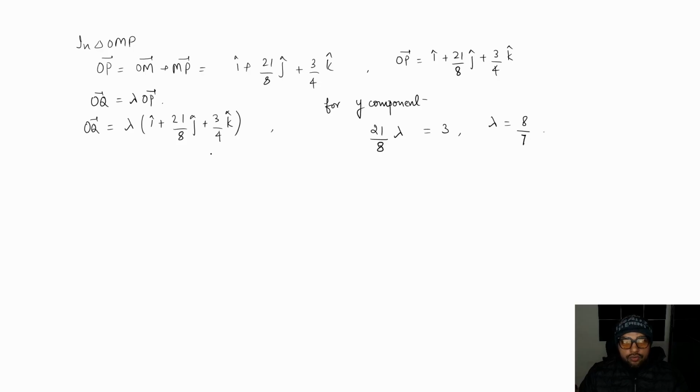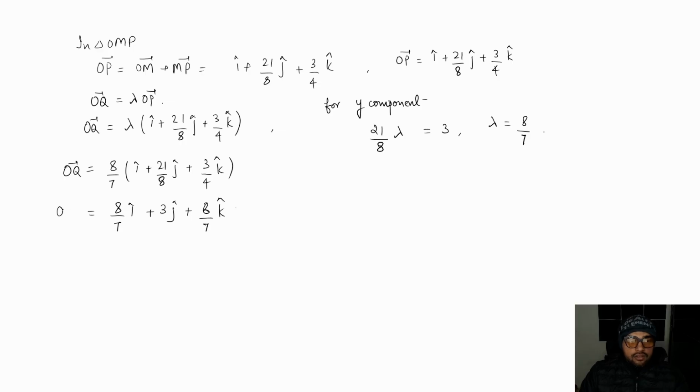Now we will plug this value in. So OQ vector will be equal to 8 by 7 times (i plus 21 by 8 j plus 3 by 4 k). This is not the final solution yet, students. We'll get 8 by 7 i plus 3j plus 6 by 7 k.